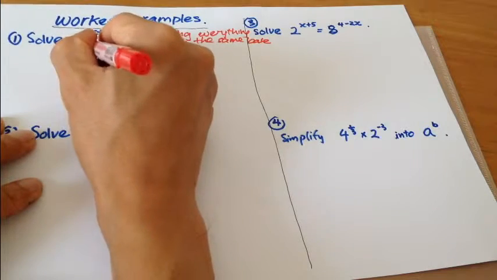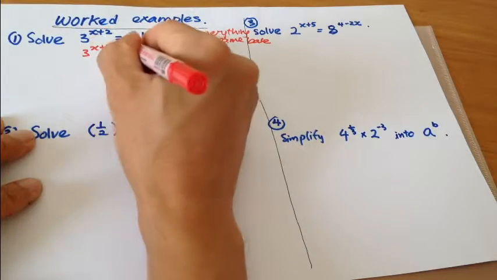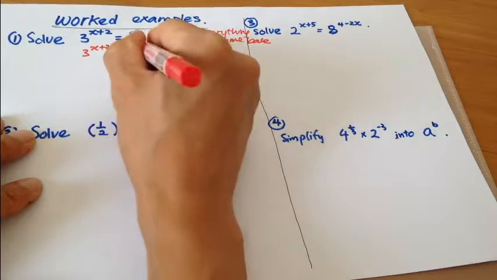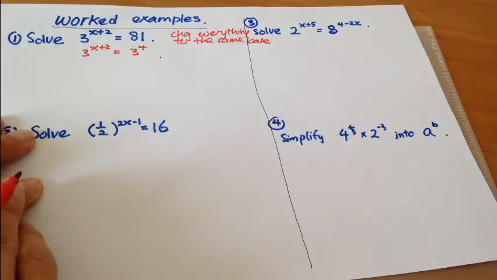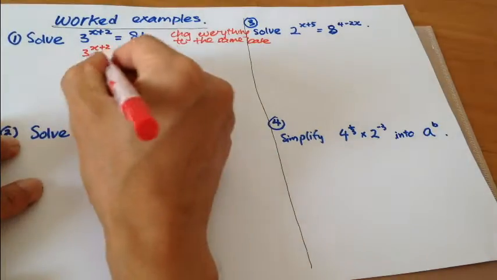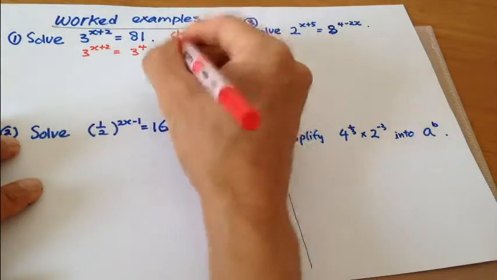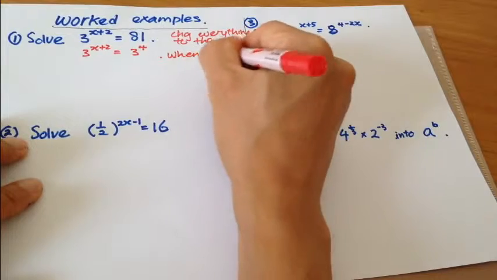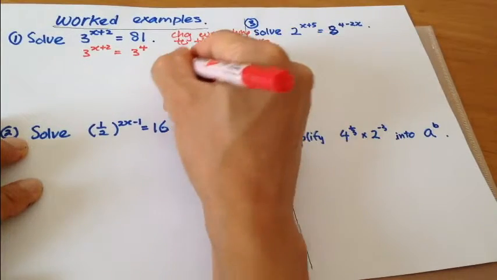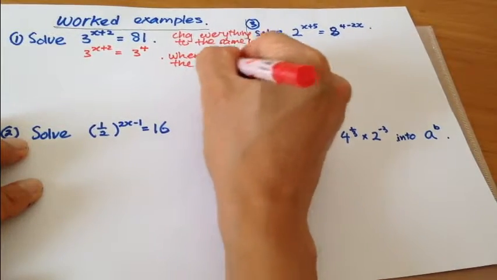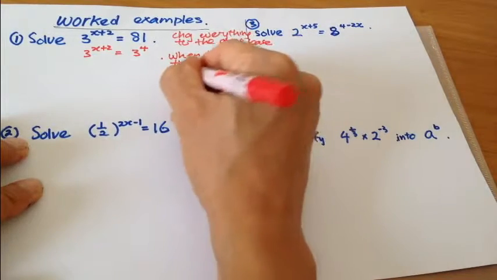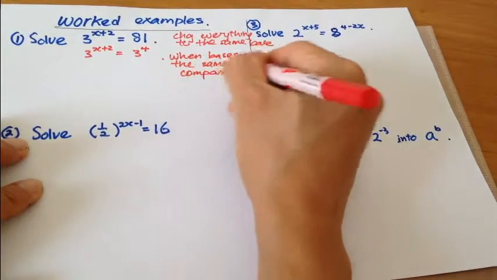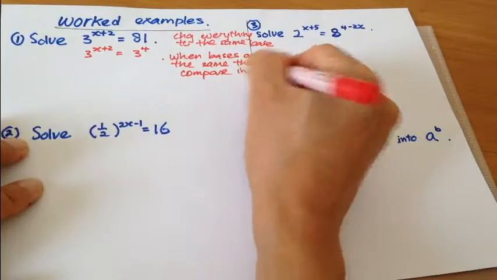For example, 81 is 3 raised to the power of 4. Now, because the bases are the same, then compare indices. So this is the solution method.